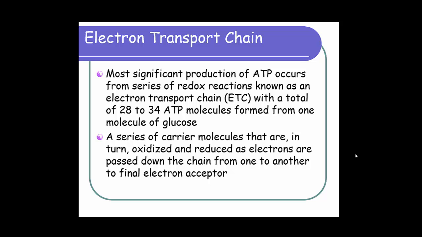The electron transport chain is a series of carrier molecules that are in turn oxidized and then reduced as electrons pass down the chain from one to another, finally going to a final electron acceptor.